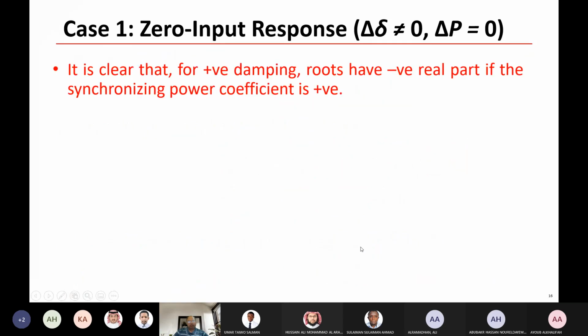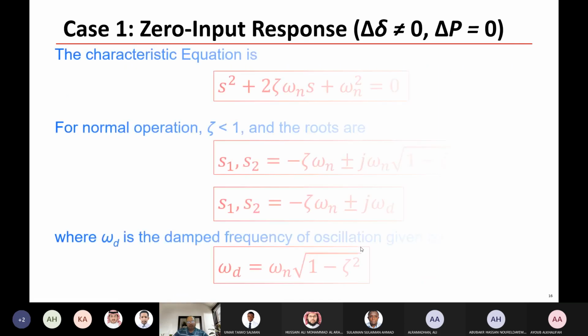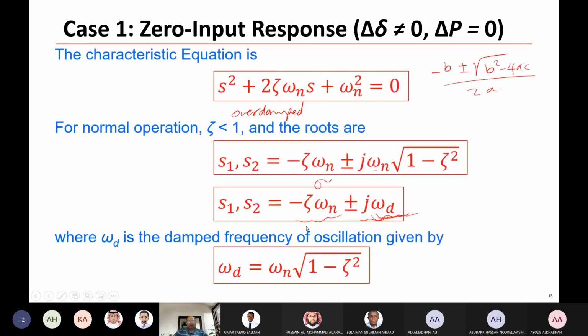It's clear that for positive damping, for this zeta, if zeta is positive, omega n is definitely a positive quantity, and it represents the frequency, 1 hertz, 2 hertz, 3 hertz, but this is a positive quantity.